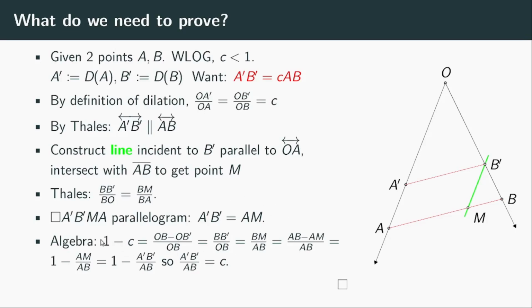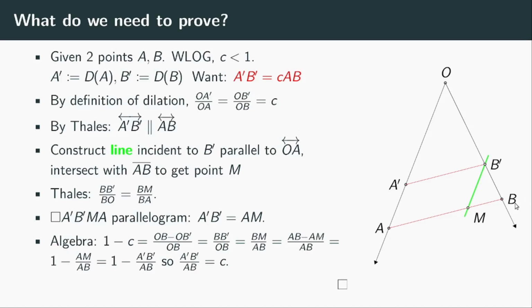And now I just play a game with algebra. I say 1 minus c, well, I can write that as OB over OB minus OB prime over OB. Then I collect that fraction on the same denominator. That's taking advantage of the fact that OB minus OB prime is BB prime. I now collect that together. I use this fact here from Thales to replace the ratio BB prime over OB by BM over AB.